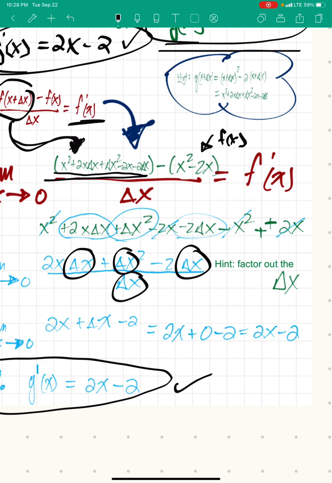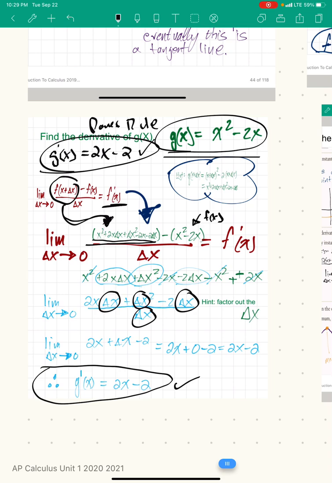So we factor that guy out, and lo and behold, we get the final step. The limit as delta x approaches 0 of 2x plus delta x minus 2. Well, as you get closer and closer to 0, let's see what happens if we plug this in. This is linear, so we can plug it in. So 2x plus 0 minus 2 leaves us with 2x minus 2. And there we go. G prime of x equals 2x minus 2.